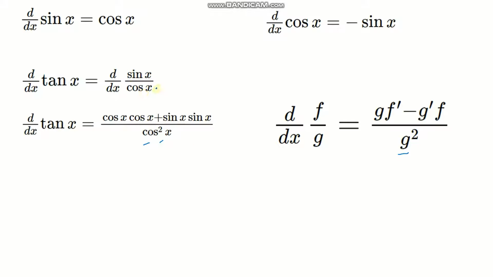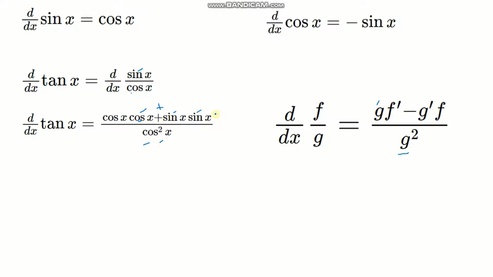In the numerator, we keep the denominator times the derivative of the numerator, and the derivative of sin x is cosine x, minus the derivative of the denominator, but the derivative of the denominator is negative sin x. So we have plus sin x, and we keep the numerator.